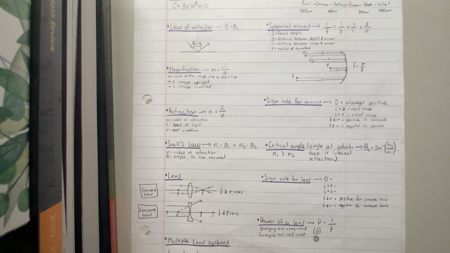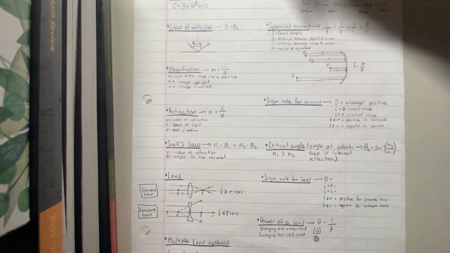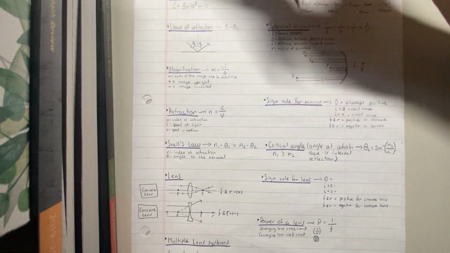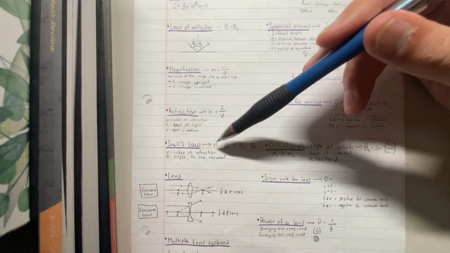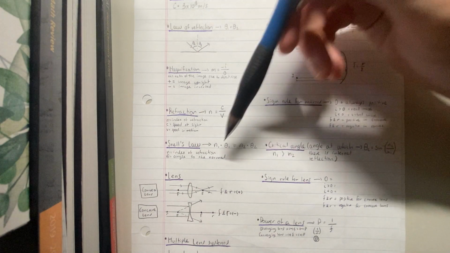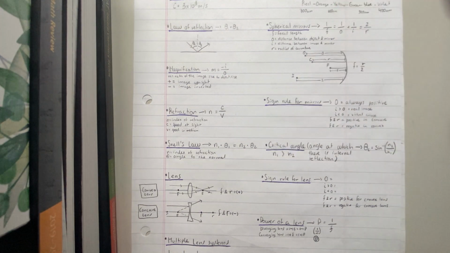And then Snell's law basically states that the index of refraction for a ray, n1, times the sine of its angle, is equal to the index of refraction in a second medium, n2, times the sine of the angle 2 to the normal.